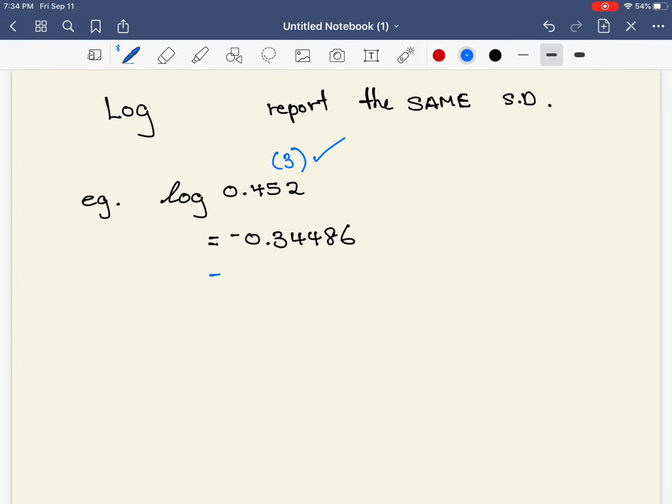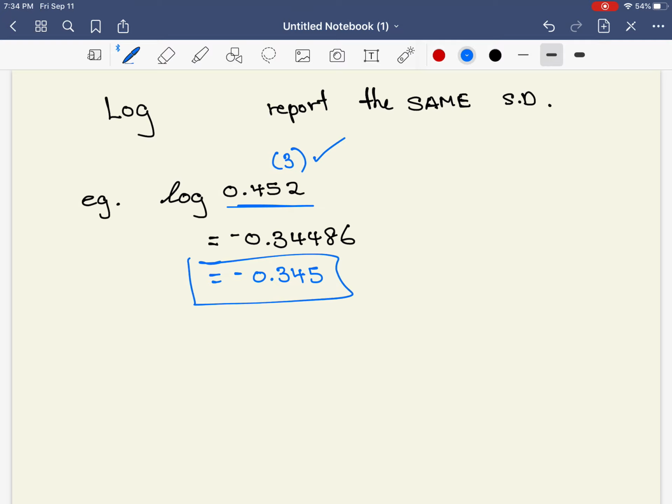What's my final answer then? My final answer is going to be negative 0.345. That's it. Okay? So when you're logging a number, you have to report the same significant digits as what you got in your question.